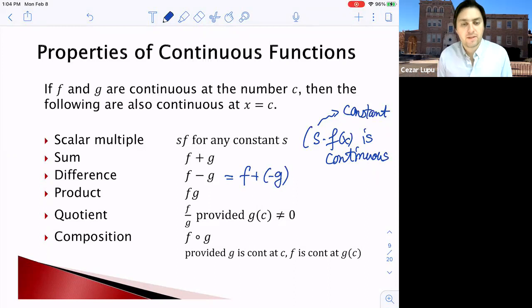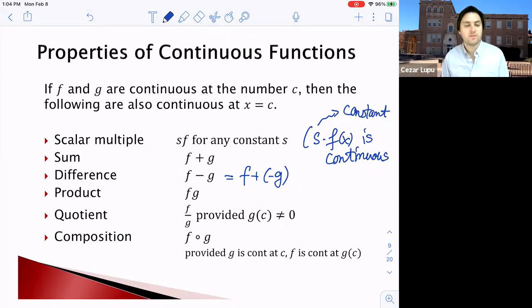The product, the same thing. So f of x times g of x is also continuous. The quotient as well is continuous. So if f and g are continuous, then f over g is continuous. But pay attention, for the quotient to exist, we need the function g evaluated at the point c to be non-zero. So the bottom is non-zero.